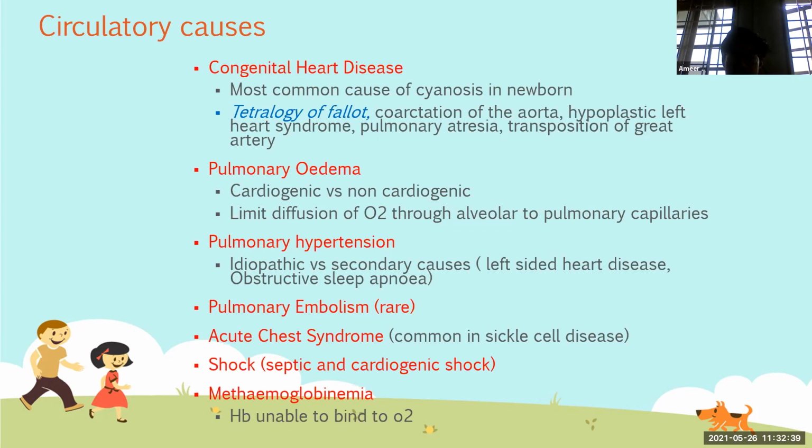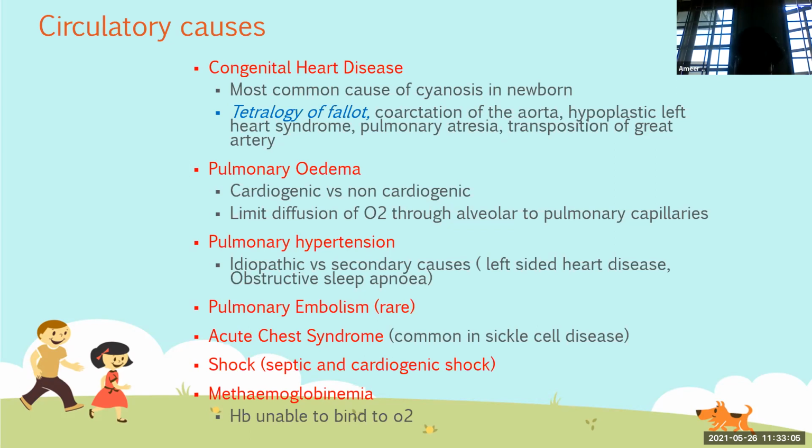In a newborn, the most common cause of cyanosis is the cardiovascular system. However, in older children, it is caused by the respiratory system. Other than tetralogy of Fallot, the other causes can be coarctation of the aorta, hypoplastic left heart syndrome, pulmonary atresia, transposition of the great arteries.